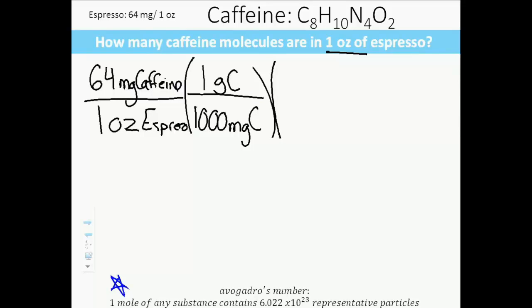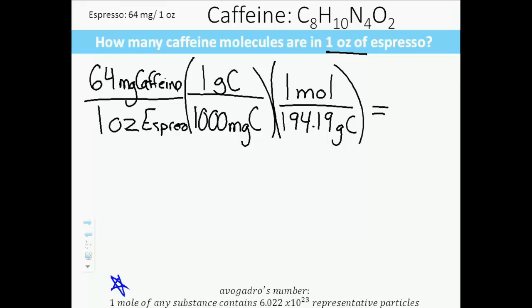Then we went and we said, how many grams are in 1 mole? 194.19 grams of caffeine in any 1 mole. And that gives us our answer that we got before.